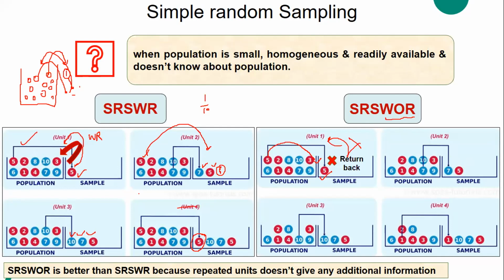We will say that simple random sampling without replacement is more efficient than simple random sampling with replacement, because repeated units are not giving us additional information. If unit 5 is selected two times, it will not give extra information. That's why we say SRSWOR is more efficient than SRSWR. We can see this by formula also, but I am not going into the formula. It's just an introduction.